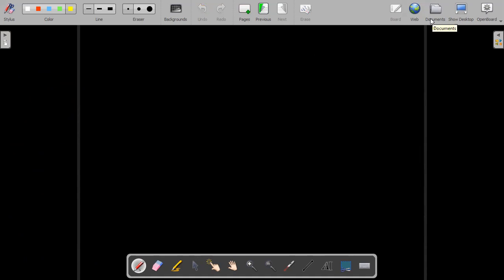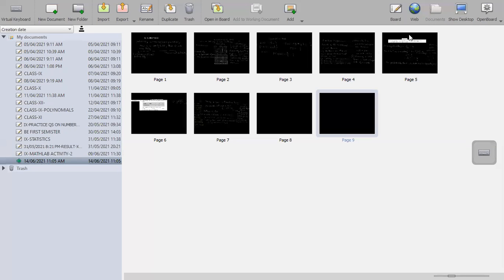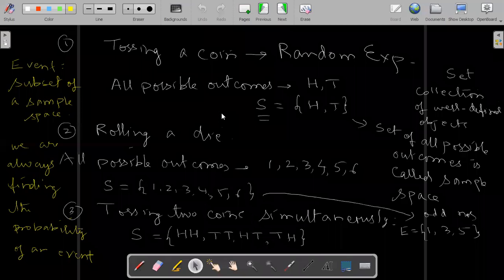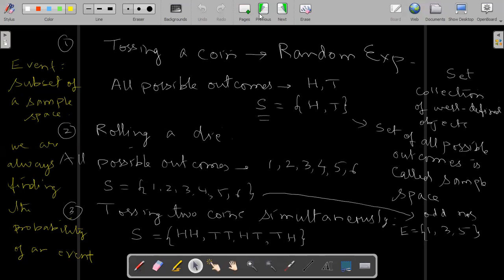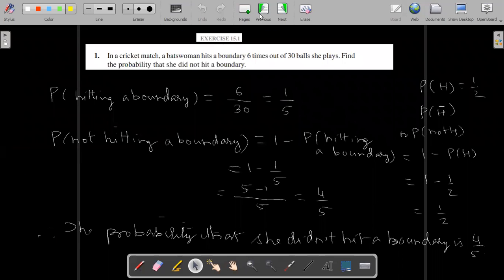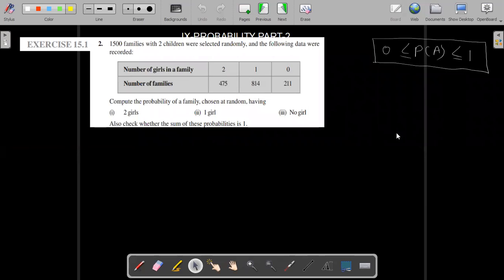Now we have the next question. Yes, we have already taken the previous one, and this question we were doing. Now we can do this question.